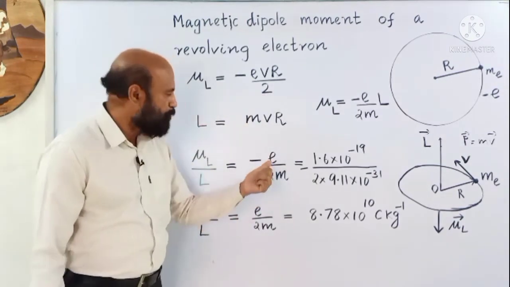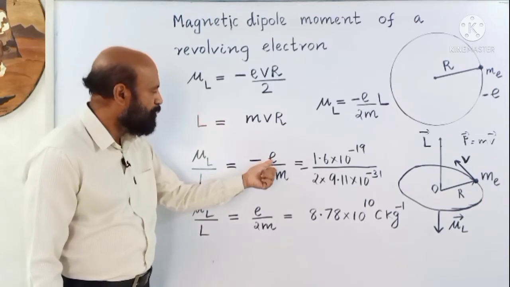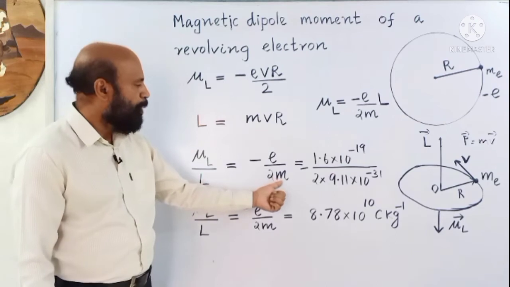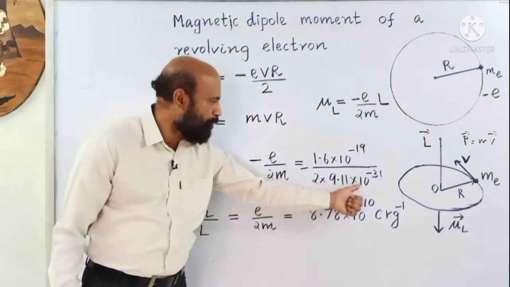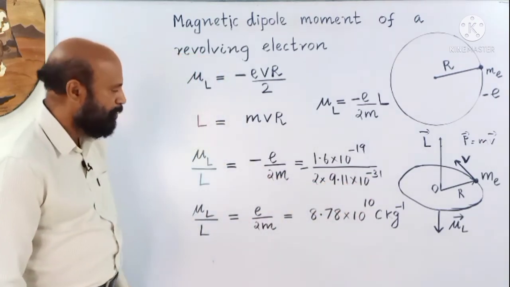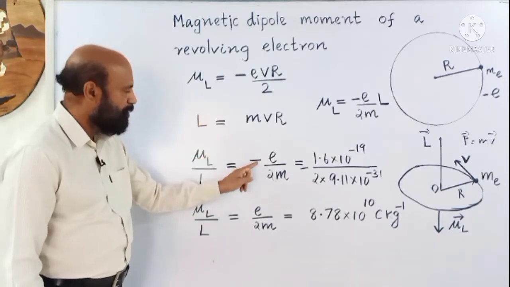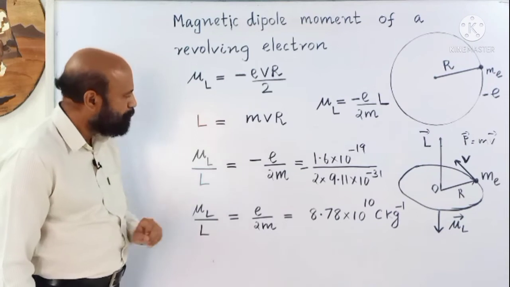Then substitute the values. Charge of the electron 1.6 into 10 raised to minus 19 coulomb. Mass of the electron 9.11 into 10 raised to minus 31. When we consider the magnitude, this negative sign is not needed.